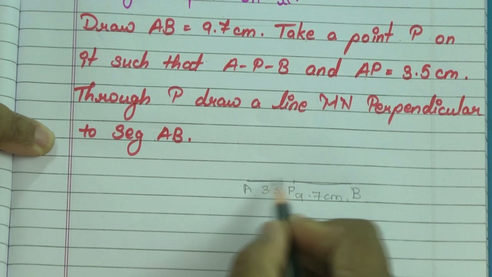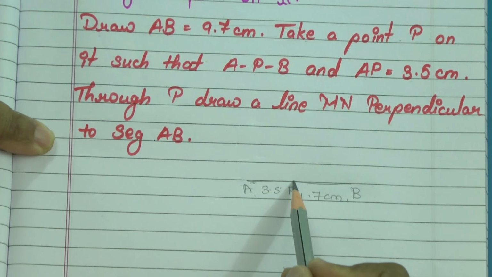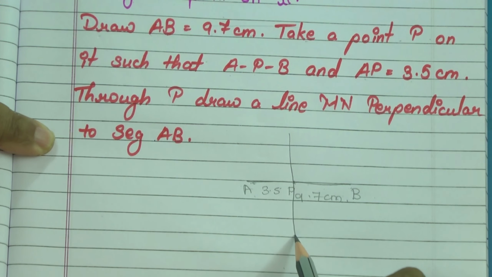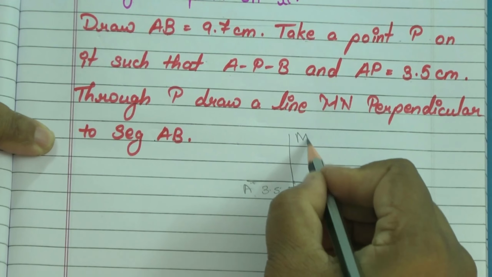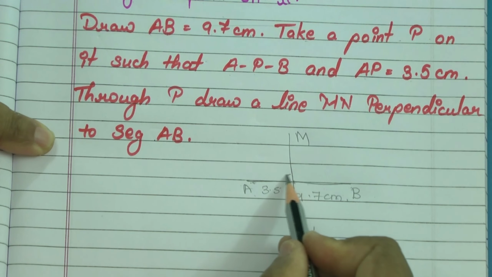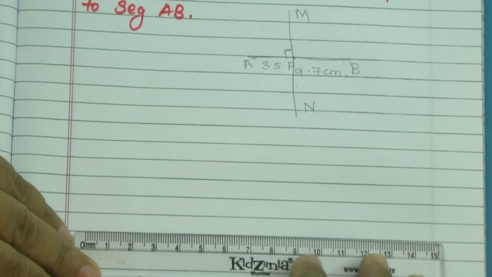This distance is 3.5. And through this point P, we have to draw a line MN, like this. And this line will be perpendicular to line AB, segment AB.